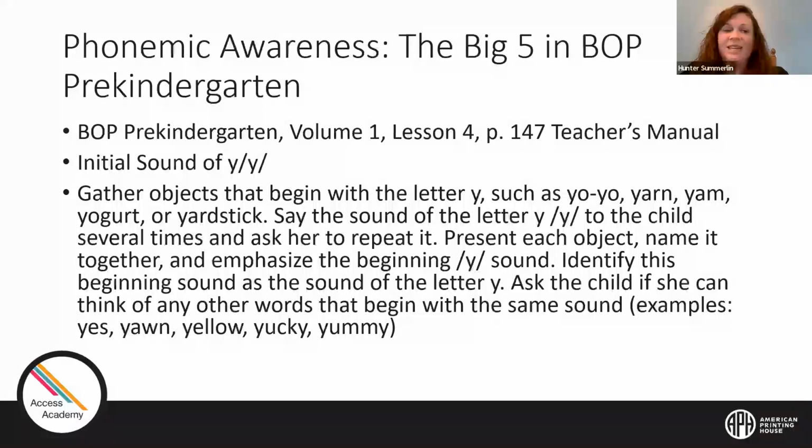Some examples are yes, yawn, yellow, yucky, and yummy. So I want you to pay attention to the way that I intentionally emphasize the initial sound of the letter Y in all of those words, and then we'll talk about the two nonconformists at the end. So here's that list of examples again. Yes, yawn, yellow, yucky, and yummy.